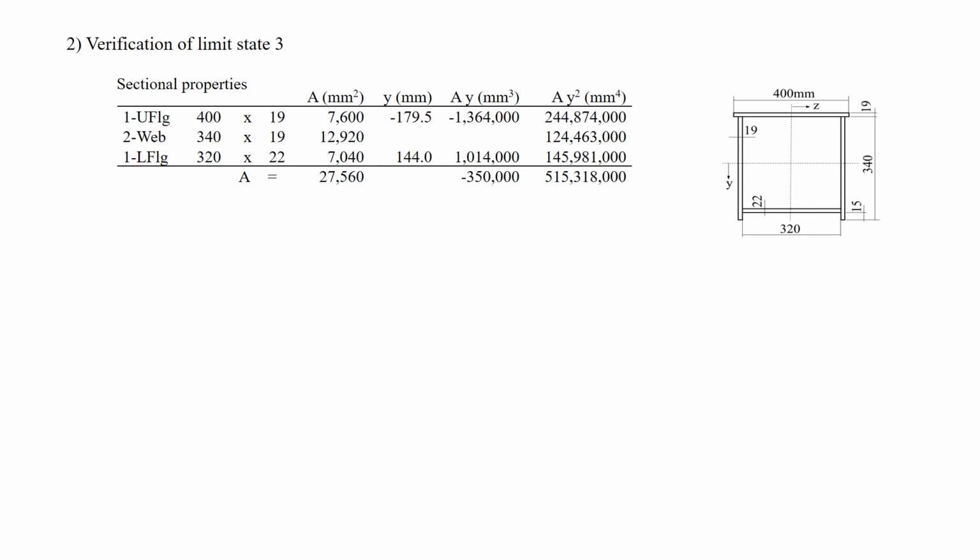The upper chord U3 is a box section which consists of an upper flange, two webs, and a lower flange. Its sectional properties, cross-sectional area and moment of inertia, are calculated in this way.